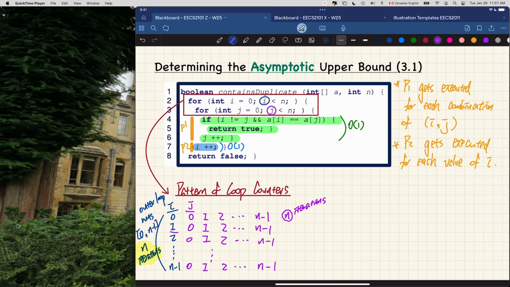So it's like a rectangle. What will be the width? n. What will be the length? n. n times n, so we got n squared possible combinations of i and j. For each combination, we're going to execute this once. That's a very important insight you want to convince yourself of, maybe after the class today.